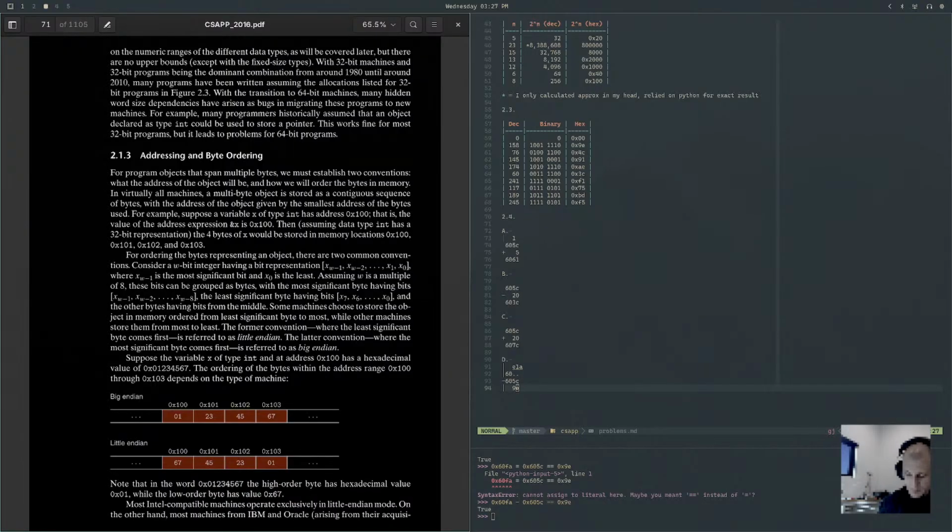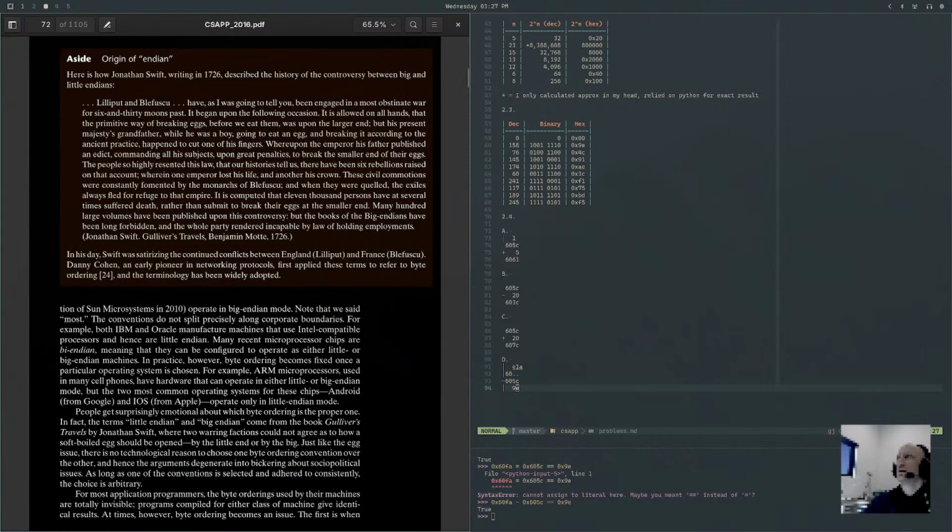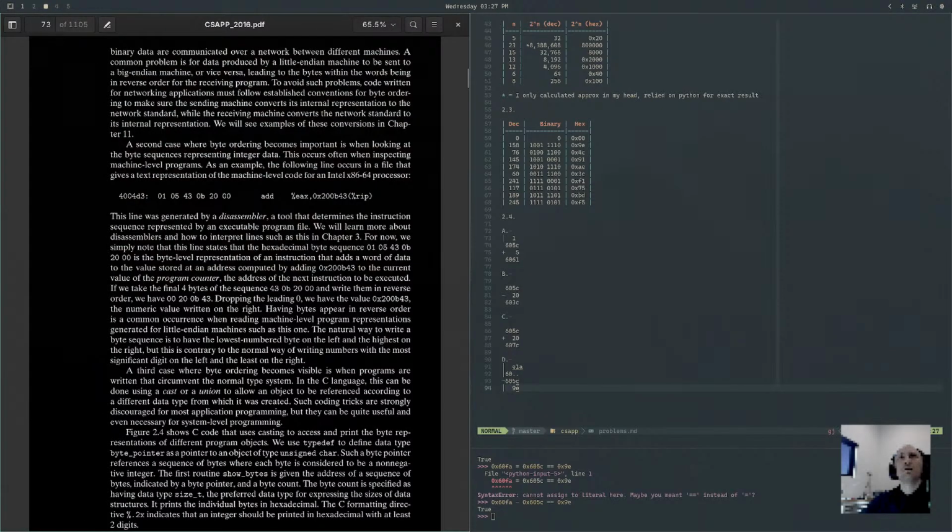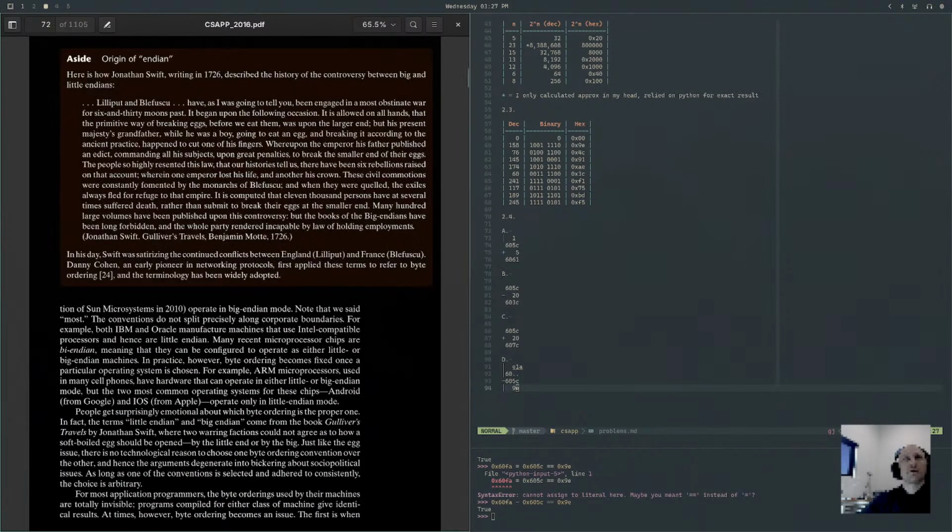On the other hand, most machines from IBM and Oracle, arising from their acquisition of Sun Microsystems in 2010, operate in big endian mode. Note that we said most; the conventions do not split precisely along corporate boundaries.